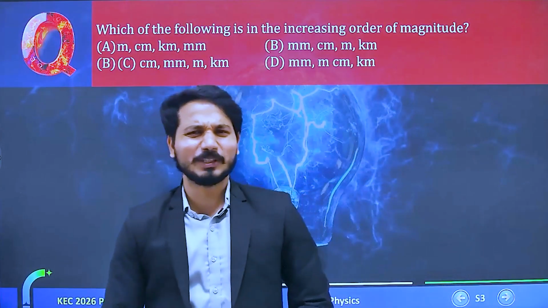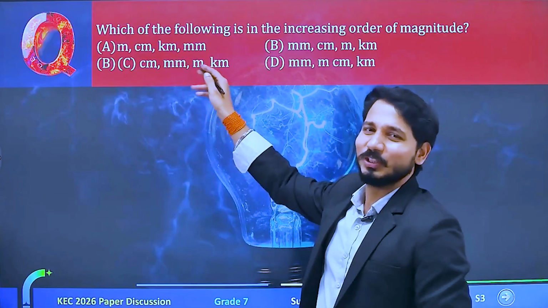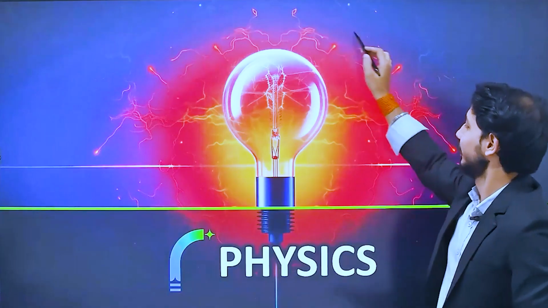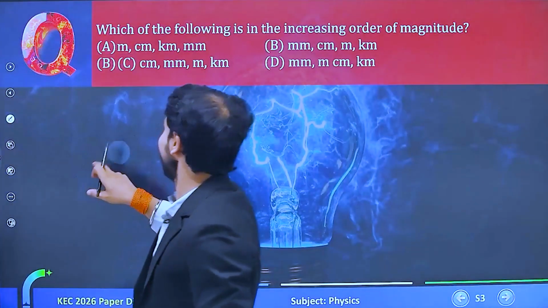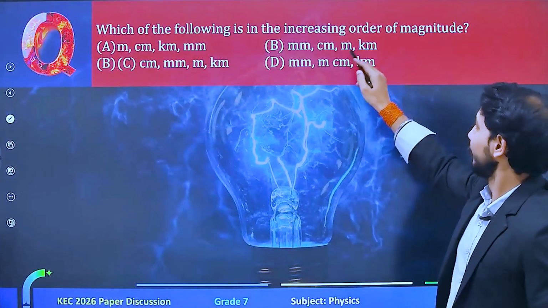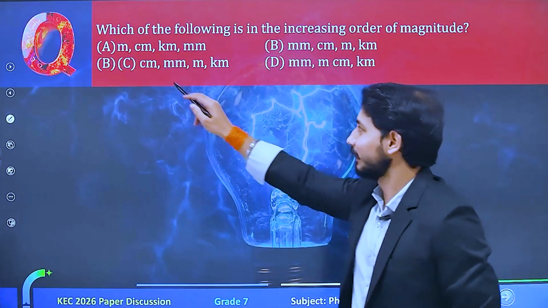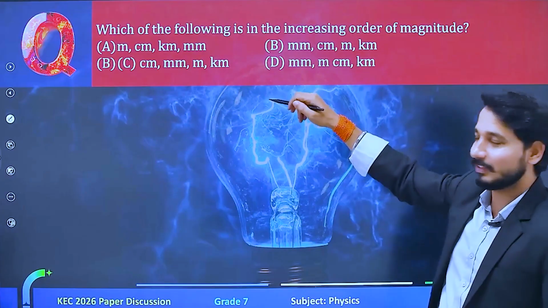So it's very simple to understand. Meter, centimeter, kilometer, mm. No, this is not the option, because it is asking for increasing order, means from smaller to bigger, right? So mm, centimeter, meter, kilometer. Option B, yeah. Other options, like centimeter, mm, meter, kilometer, are not correct.